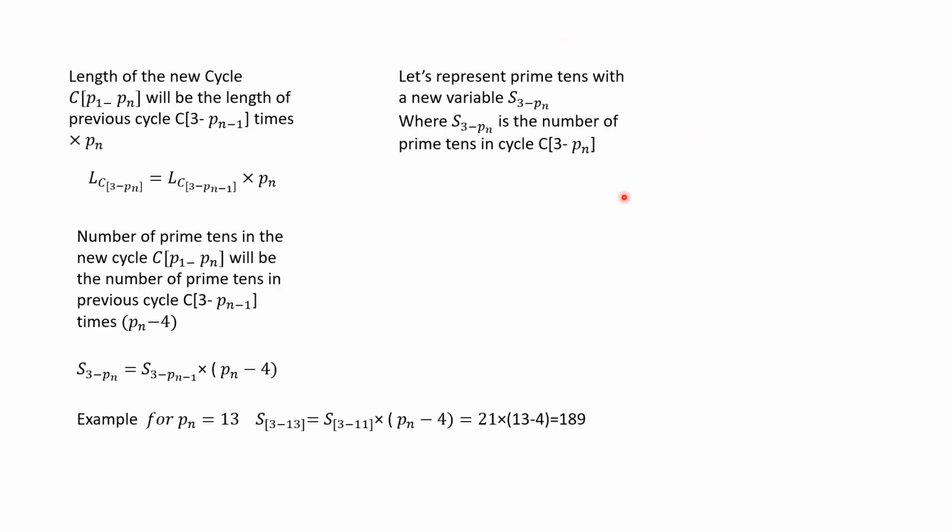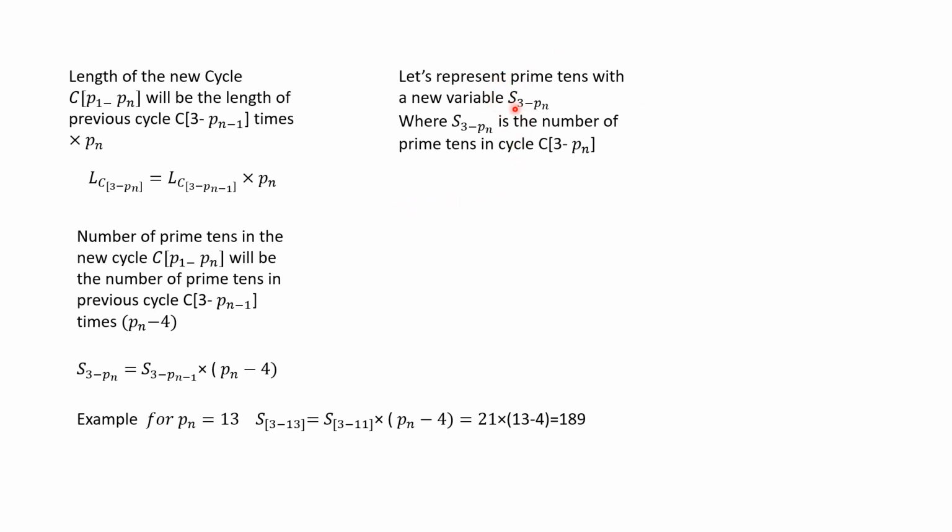So the length of the new cycle will be the length of the previous cycle times Pn, right? So this is the equation. That's always like that. We know that already. We now represent the number of prime times in cycles with the variable s.